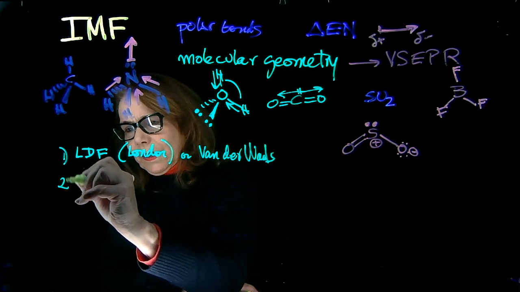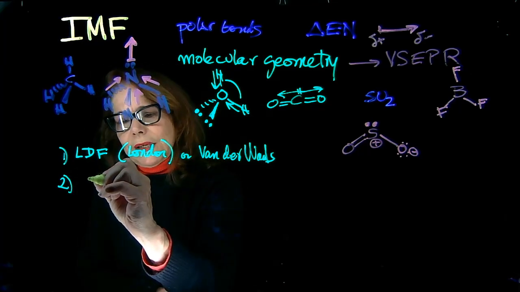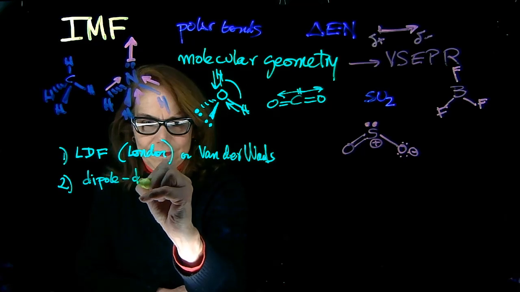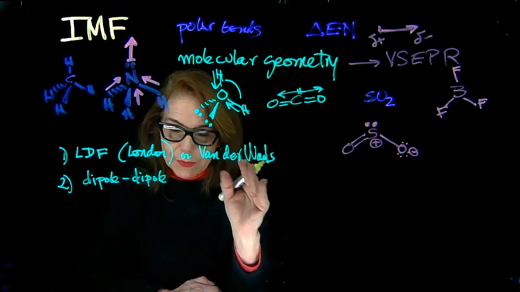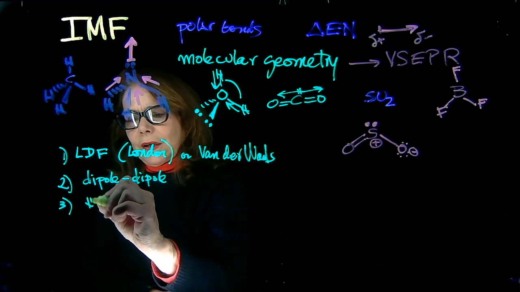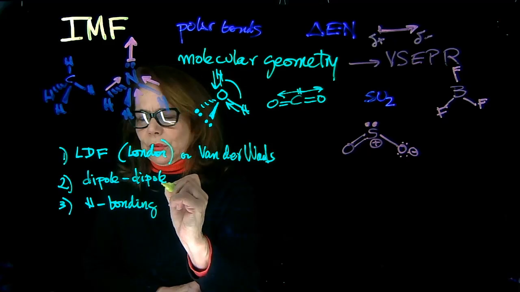Now, second type of interaction that we're going to be seeing is dipole-dipole. So when you have polar molecules, we're going to see that. Third, we're going to see hydrogen bonding, which is like a special case of dipole-dipole.